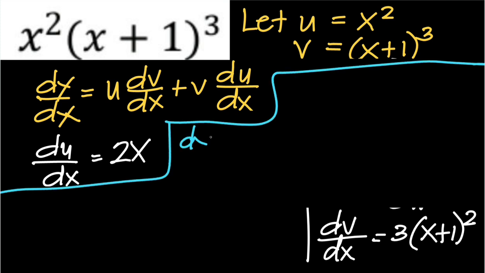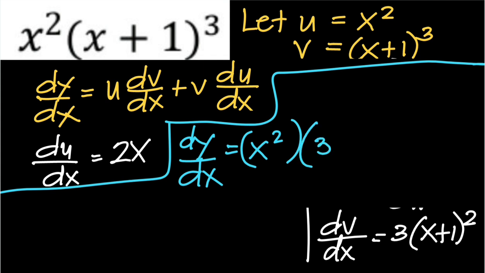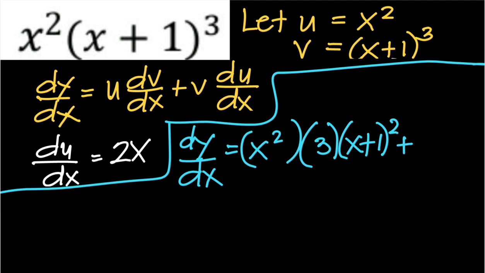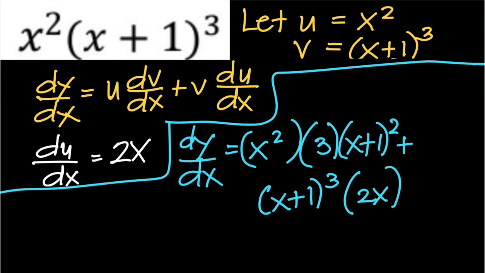So dy over dx is just equal to u, that is x squared, times dv over dx, which is 3 times x plus 1 squared, plus v, which is x plus 1 cubed, times du over dx, which is 2x.